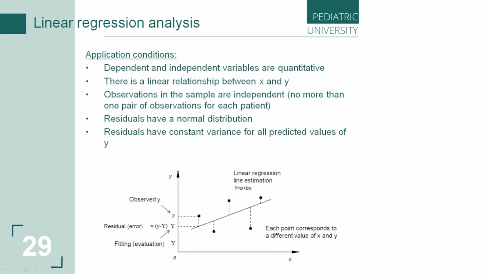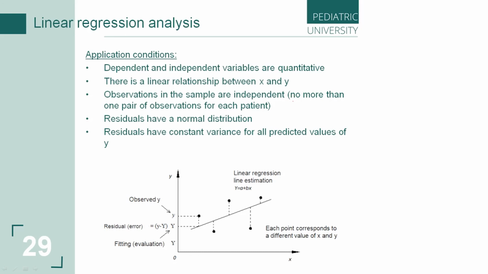Also, the relationship between x and y is linear. It's mandatory that the observations in the sample must be independent: only one pair of observations for each patient. It's also important that the residuals have a normal distribution and a constant variance for all predicted values of y.